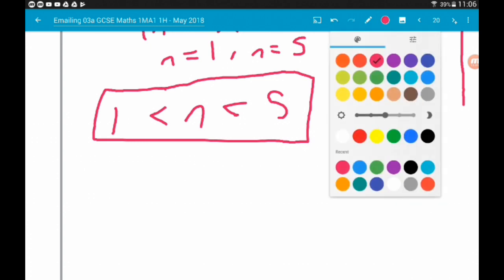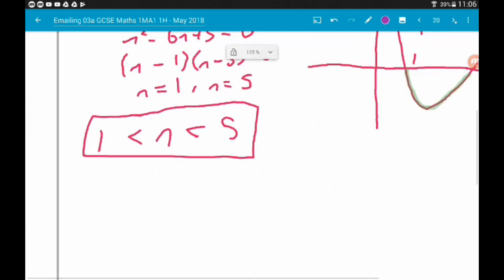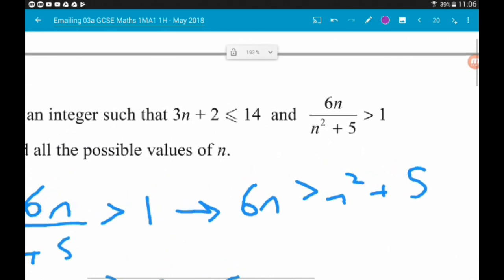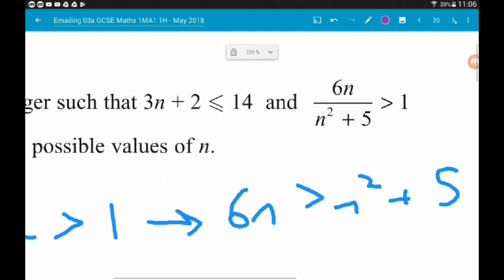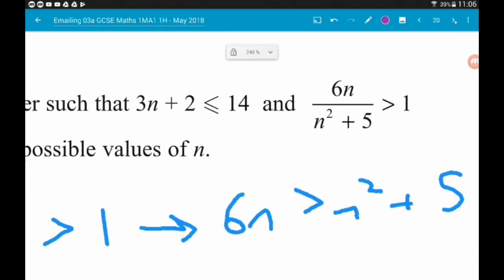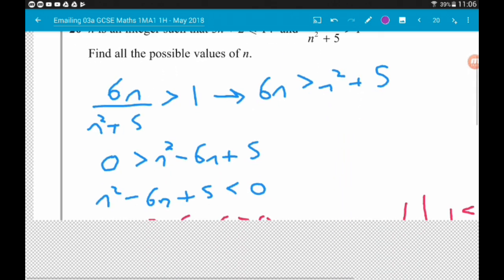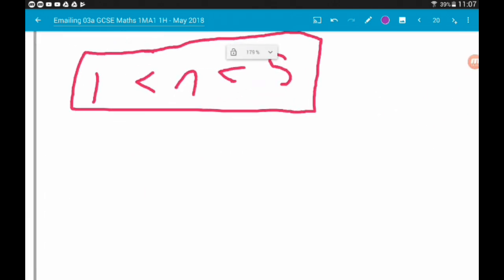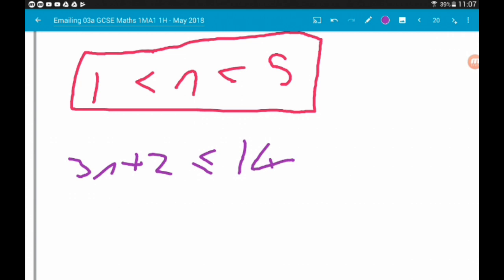Now we need to solve the linear inequality, which is going to be a lot easier. So we now want to solve 3n add 2 is less than or equal to 14. Take away the 2.